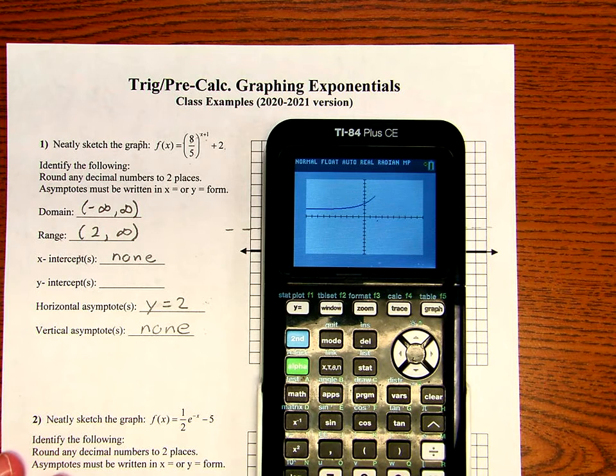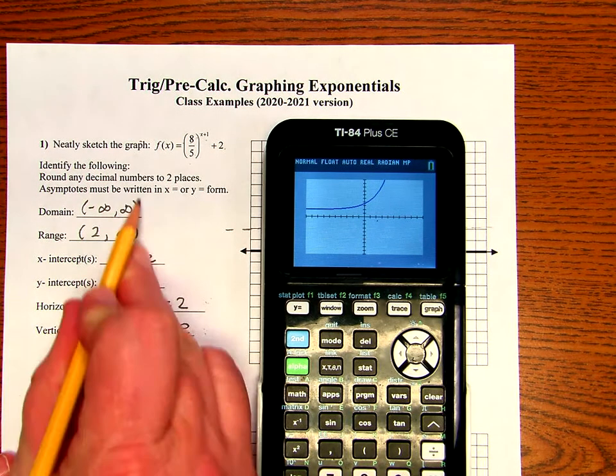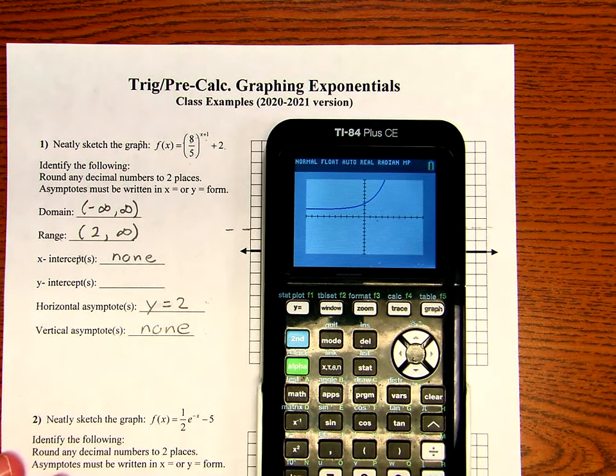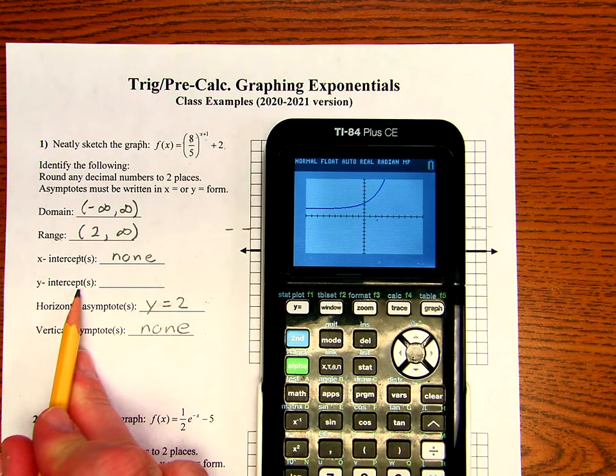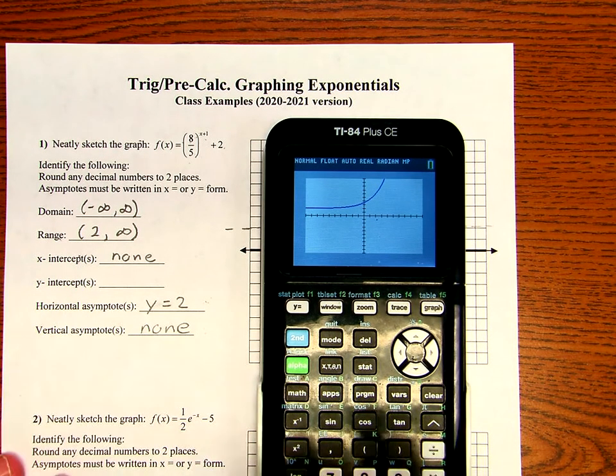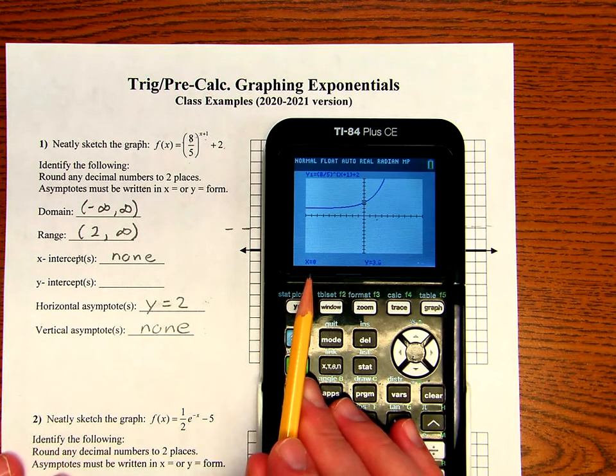And we get pretty much what we expected in terms of the rough shape and location. But as far as filling in our features over here, the only thing we have left to find is the y-intercept. The most efficient way to find a y-intercept on a graphing calculator is to hit trace. The calculator typically defaults to starting to trace at x equals 0.